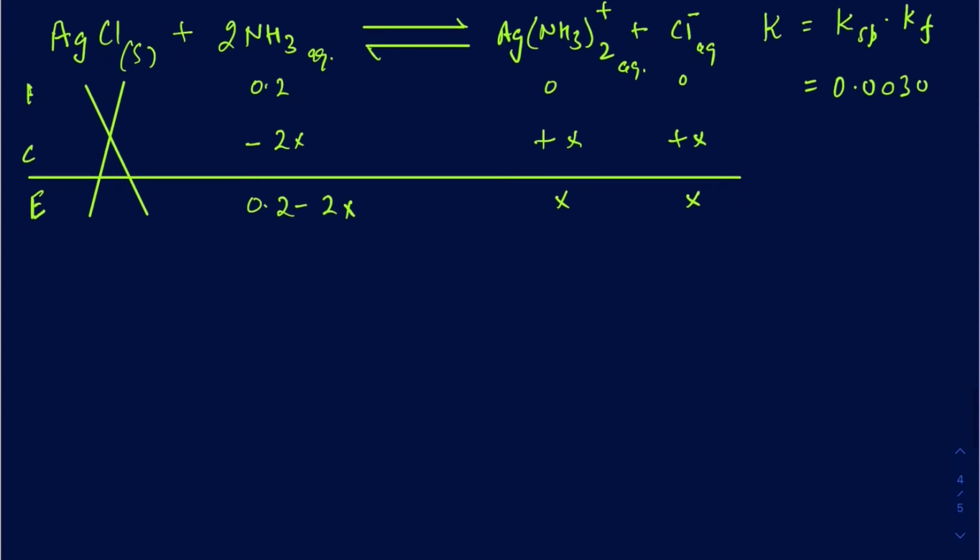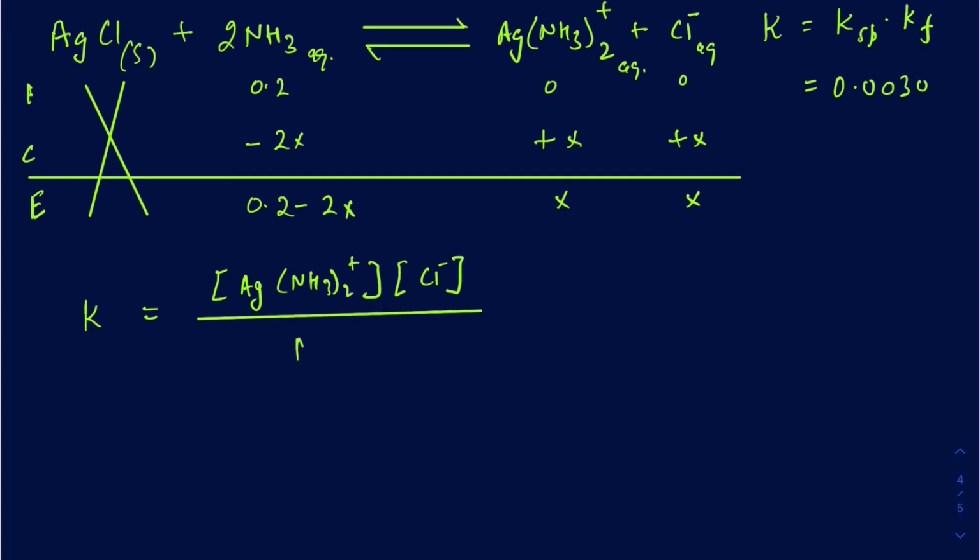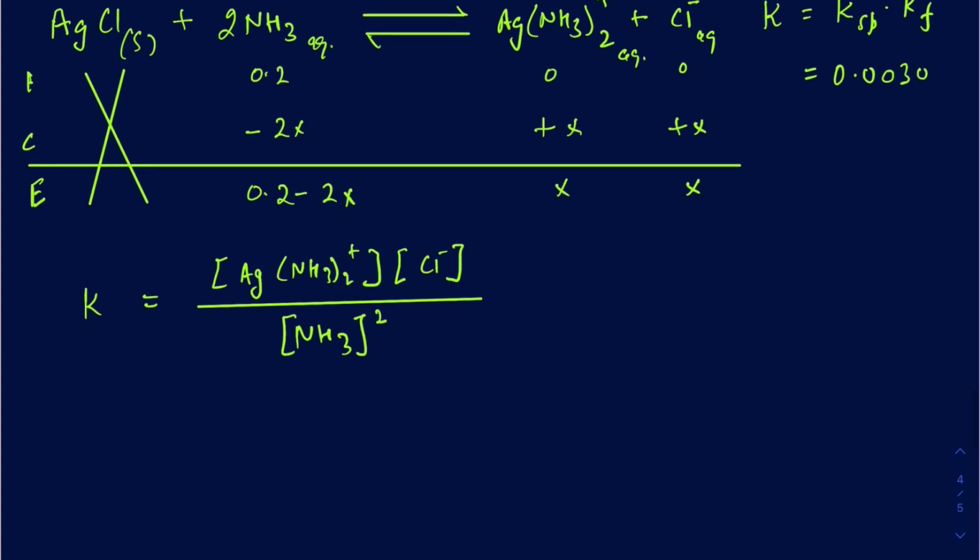So when I'm writing this new equilibrium constant expression, the K, that's going to be the concentration of your Ag(NH3)2+ times the concentration of Cl-, divided by the concentration of your NH3 to the power 2, because that has a coefficient of 2, so that becomes your power, and you don't include your AgCl in this expression because it's a solid.